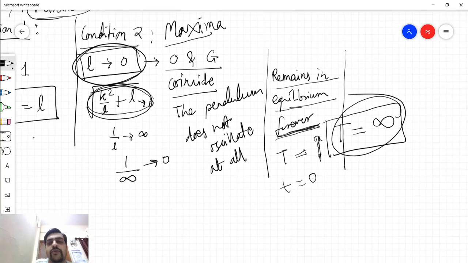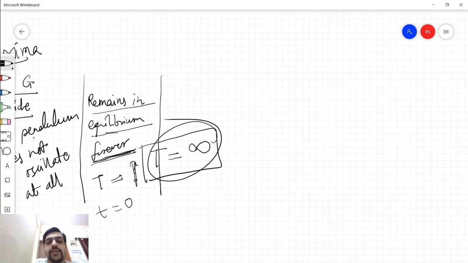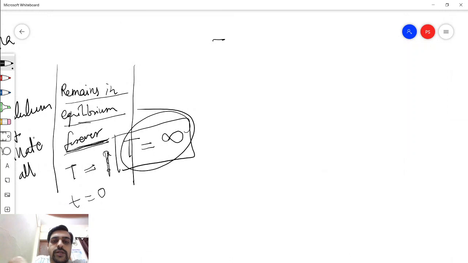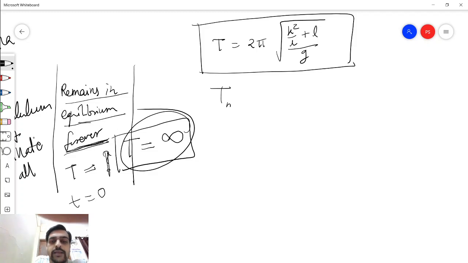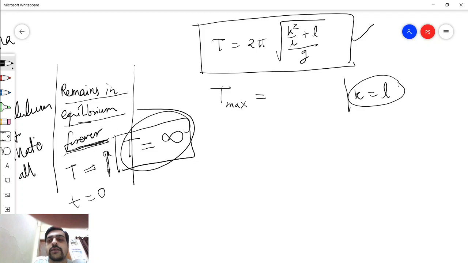Fine. So we have both the conditions with us. T is 2π under root (k squared by L plus L upon g). In this case, T max happens when k equals L. Now if we substitute k equals L in this equation, L squared by L gives us L, plus L will be 2L.